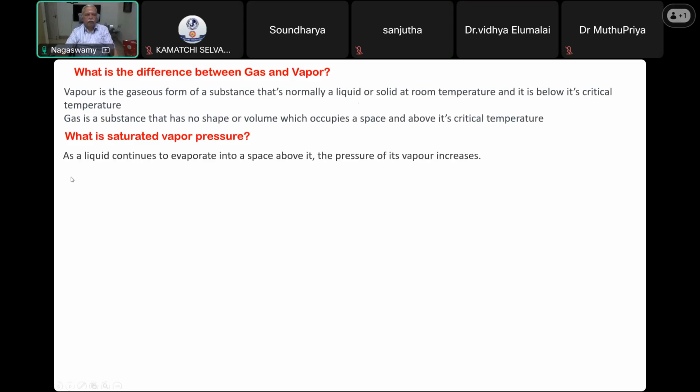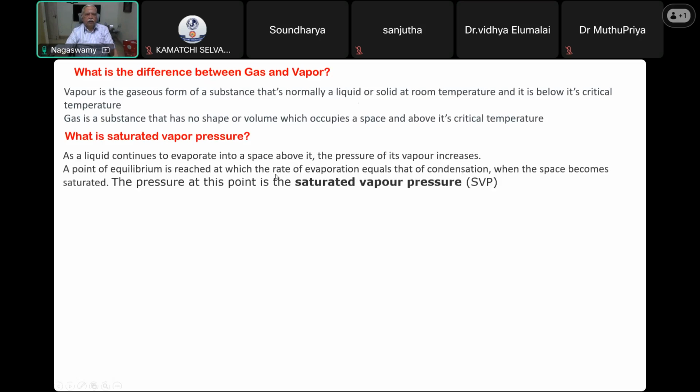As liquid continues to evaporate into the space above, the pressure of the vapor increases. A point of equilibrium is reached at which the rate of evaporation equals the condensation when the space becomes saturated. The pressure at this point is called the saturated vapor pressure. That is, the vapor and liquid are at equilibrium.